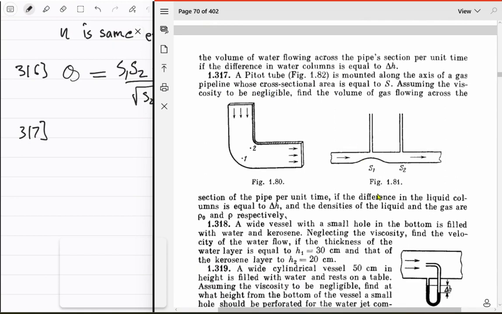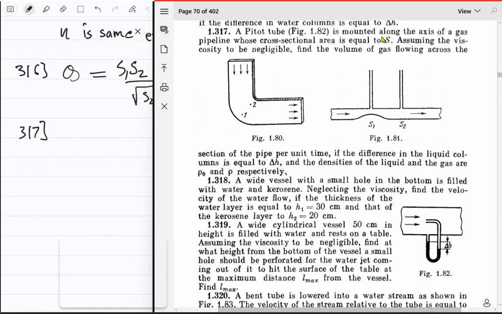Figure 1.82 is mounted along the axis of a gas pipeline whose cross-sectional area is equal to S, assuming the viscosity to be negligible, which means we can apply Bernoulli's equation everywhere. Okay, find the volume of gas flowing across the section of the pipe per unit time.